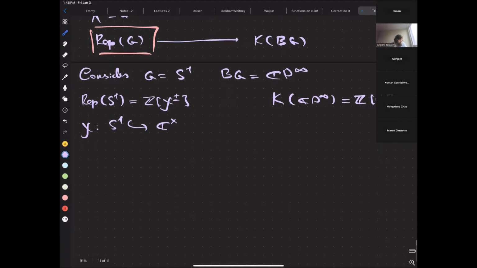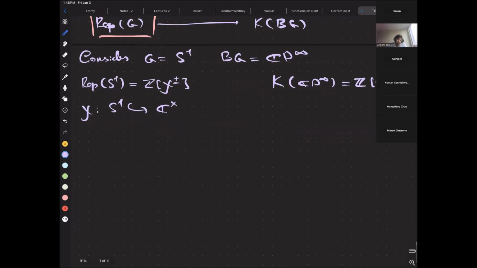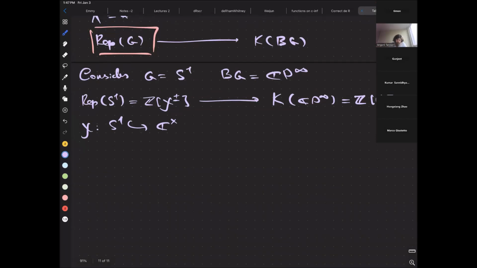Okay. So now we have a homomorphism like this. And what it does, well, this is incidentally also the ring of functions on G_m.